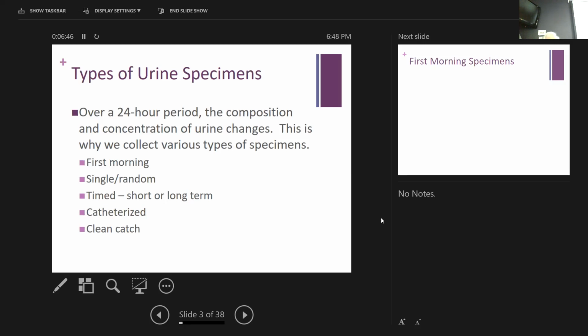Because what we want to do is void the first couple of ounces of urine and then collect after that. And then when the cup is full, just get rid of the rest. That clean catch allows any bacteria or anything else that happens to be resident in the ureter from migration through the opening to get washed out, basically.